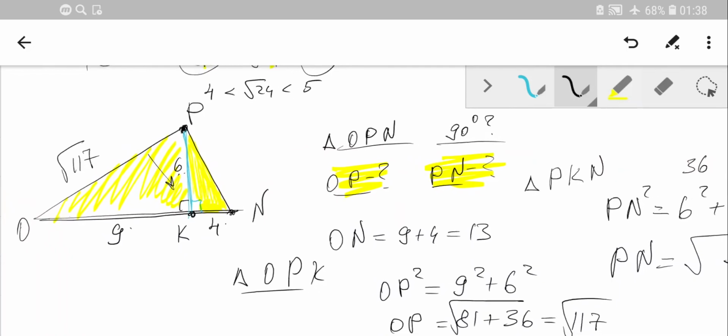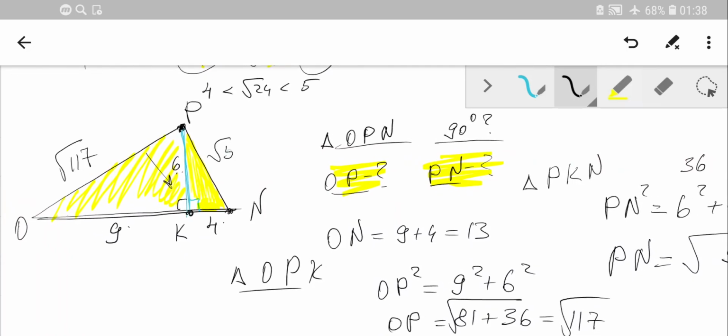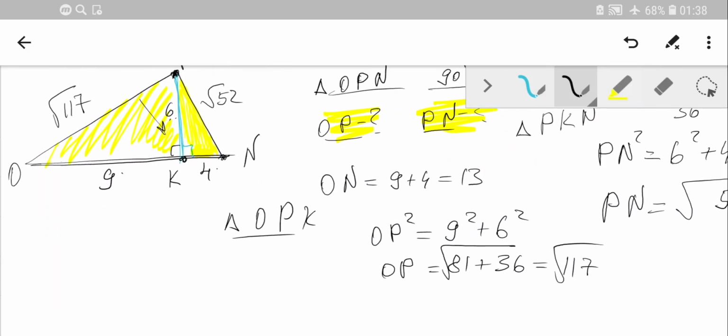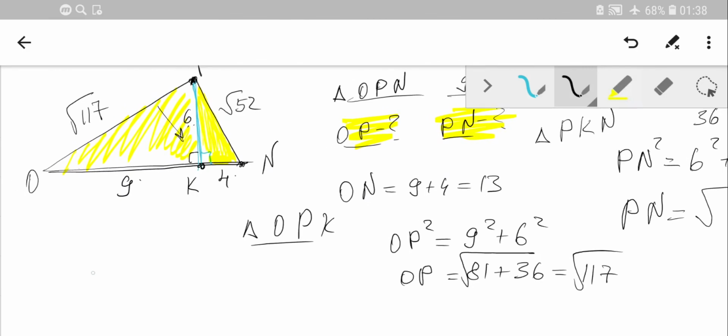Okay, now we know all the values. And now we need to check that the square root of 117 squared and the square root of 52 squared is actually 13 squared. All right, so let's check it. So 9 plus 4 means 13. So I'll just write c squared equals a squared plus b squared and just plug in the numbers.